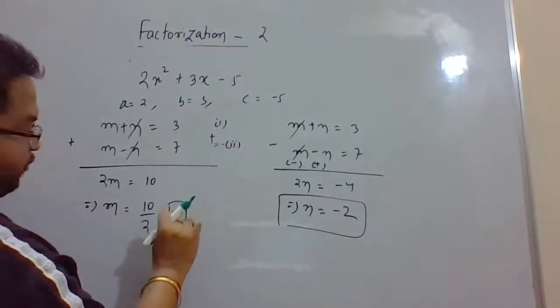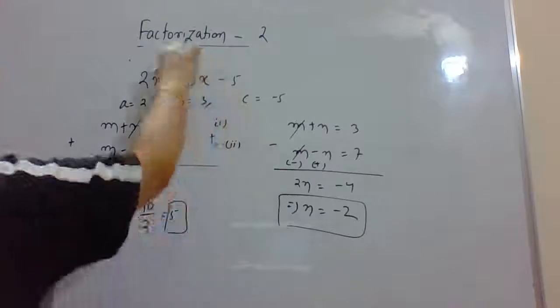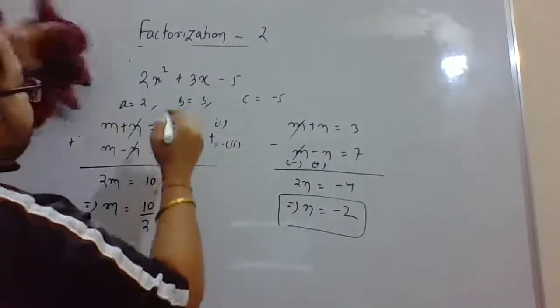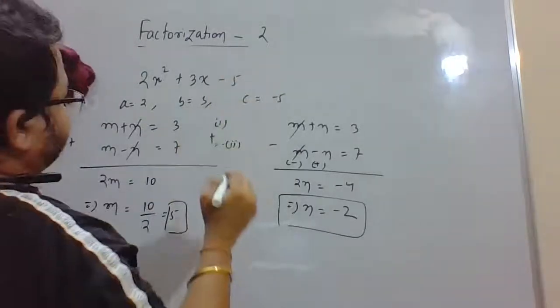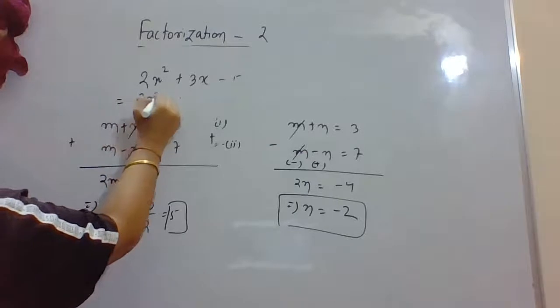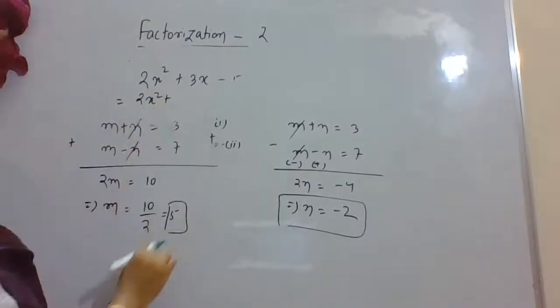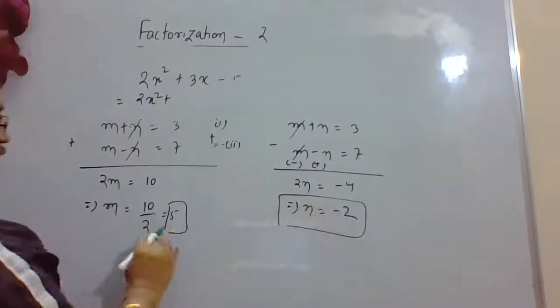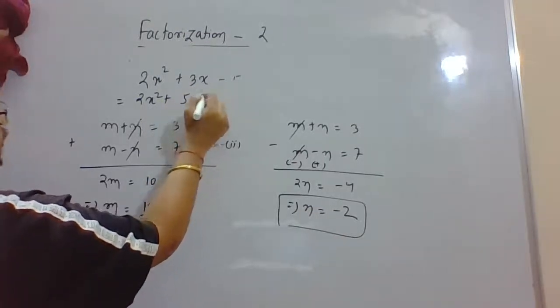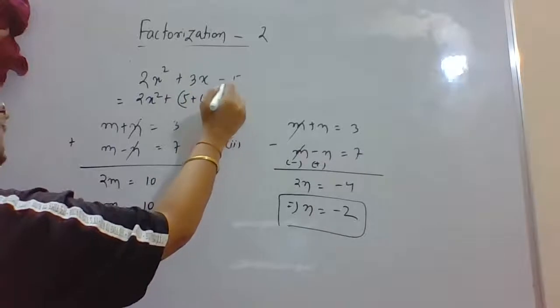Now if we put the values of m and n in this expression, then we can rewrite this expression as 2x squared plus 5 minus 2, that is m plus n, 5 plus minus 2 x.